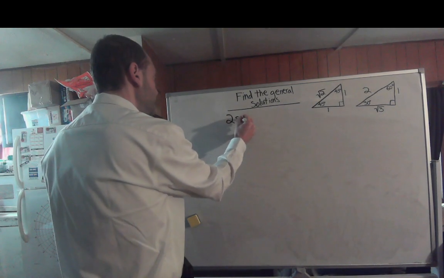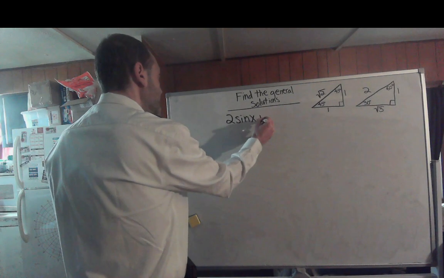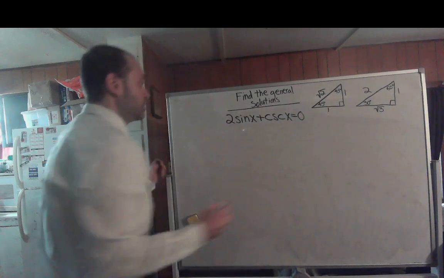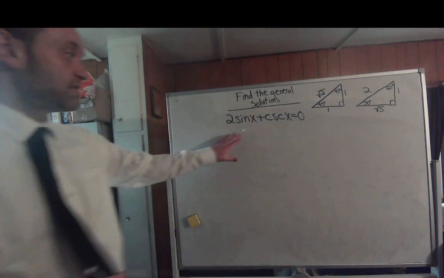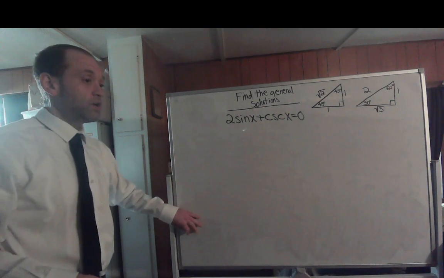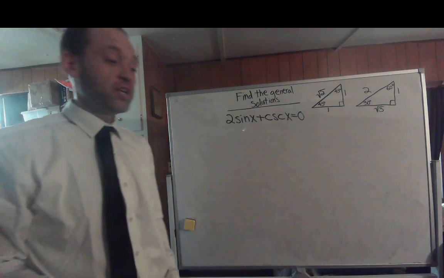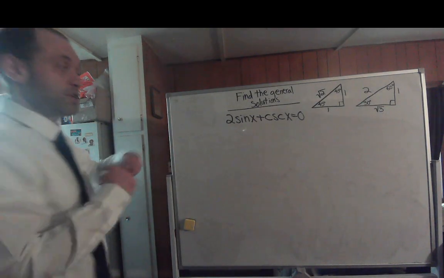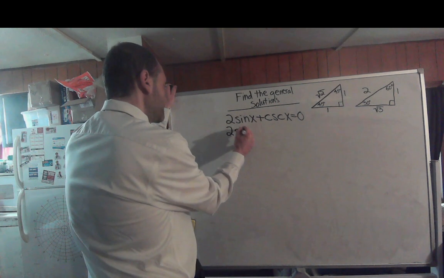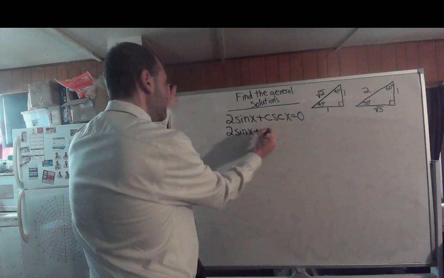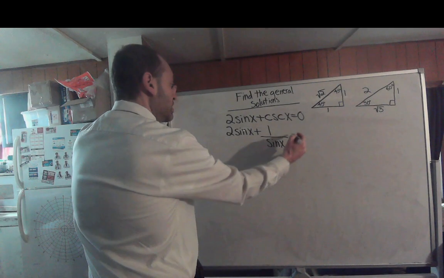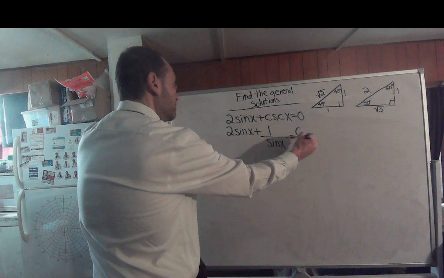2 times the sine of x plus the cosecant of x equals 0. Well, I think it's safe to say we definitely want to use a reciprocal identity with the cosecant of x. So 2 times the sine of x plus 1 over the sine of x would equal 0.